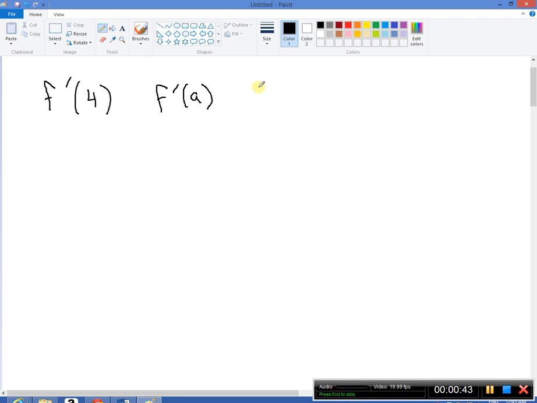But there's not much of a difference between plugging in some unspecified number a and plugging in the independent variable, that is x.